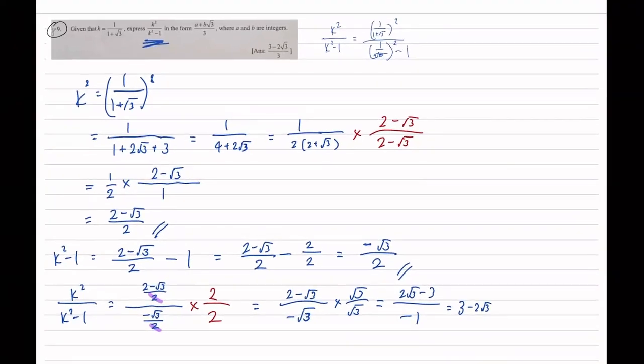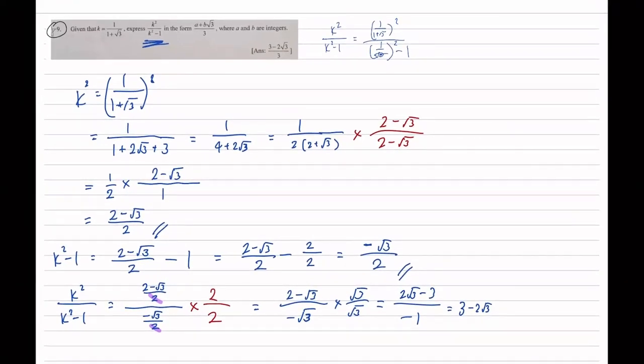Can you see my mistake? Right, correct. Root 3 times root 3 is 3. Sorry. Much better. So it's 3 minus 2 root 3, then divide by positive 3. Then that's our answer. Sorry, I didn't see that.